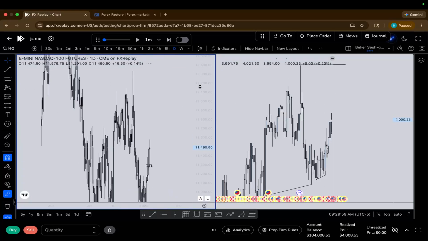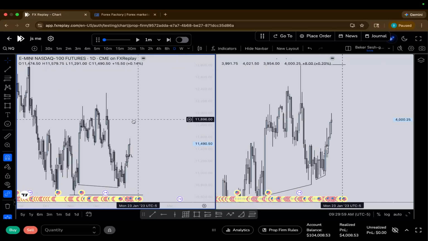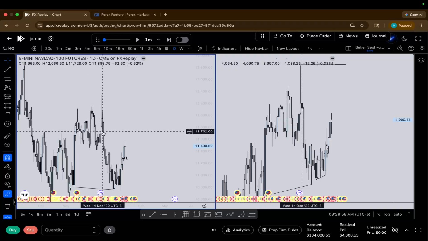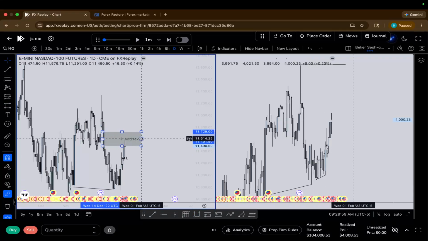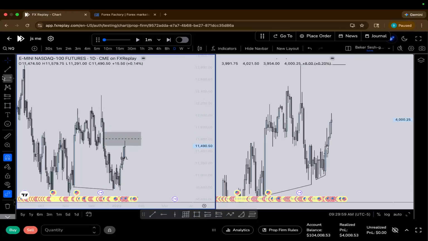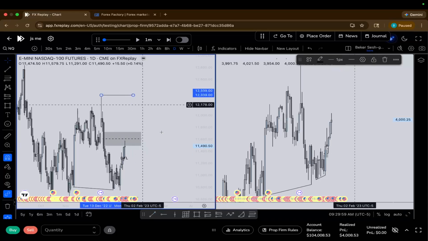I don't really like that. But I am gonna mark this gap on NQ because we haven't really reached CE of it, and we might, that's gonna be my condition.